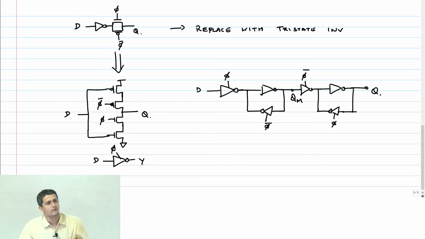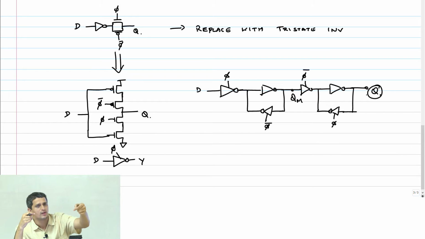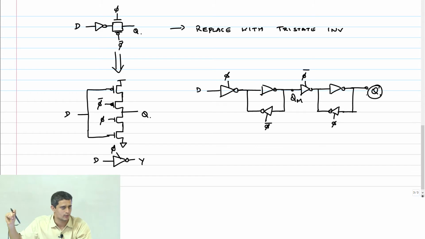So in general, if you look at this, Q is what is going to be available to the outside world. In the sense, the next gate's input will be connected to this Q, which means that node is going to be available as a wire somewhere. Suppose there is a large noise on the output.